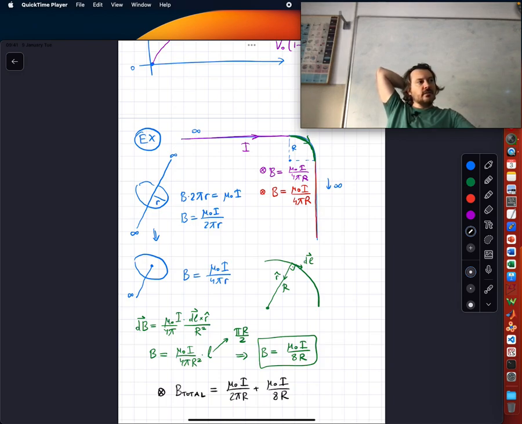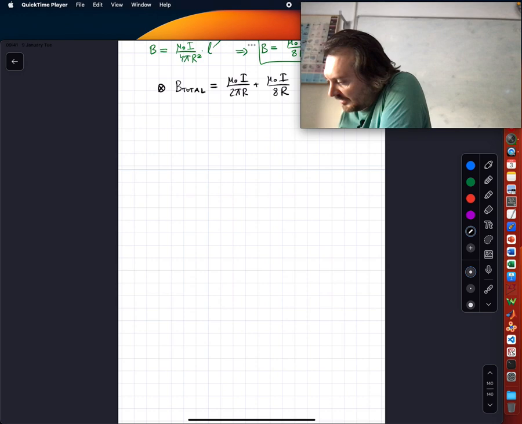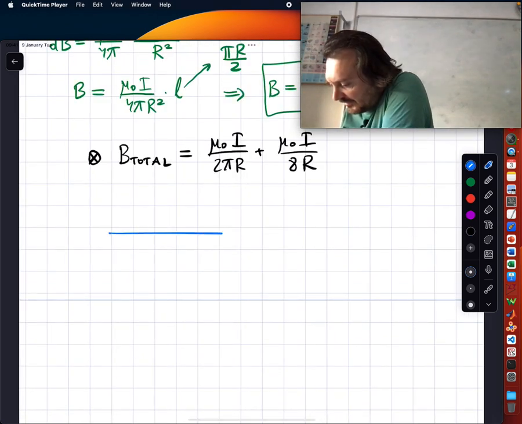Let's imagine a case where it's larger than pi. Let's at least try. So this is dl. If I choose a point here, then r is pointing here, and it's less than 180.